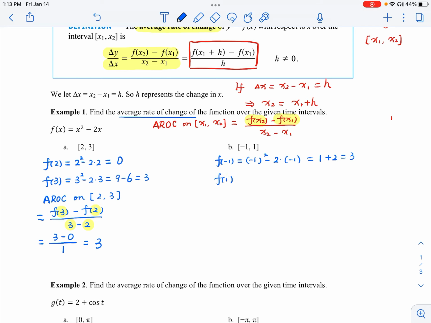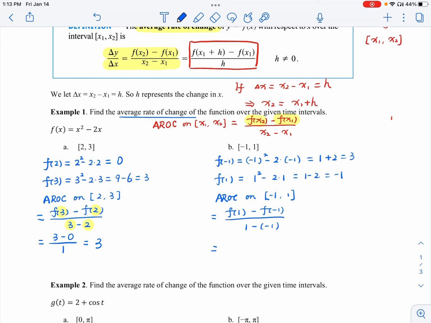The value at x equal to 1 is -1. The average rate of change on the interval -1 to 1 is f(1) minus f(-1) divided by 1 minus -1.